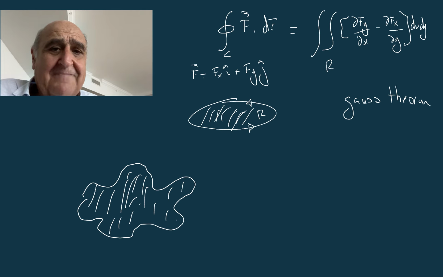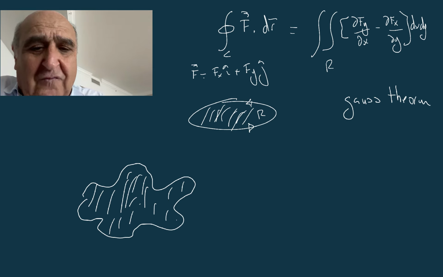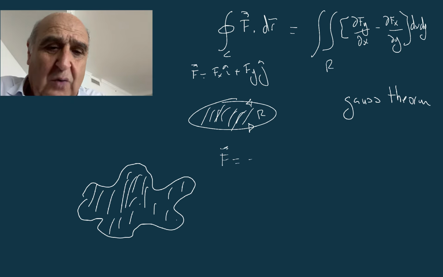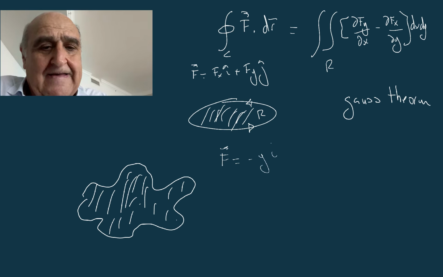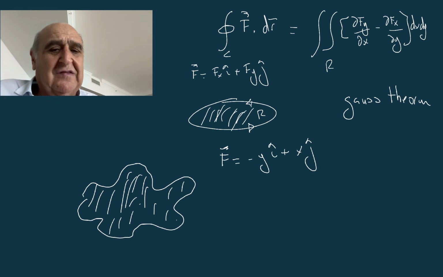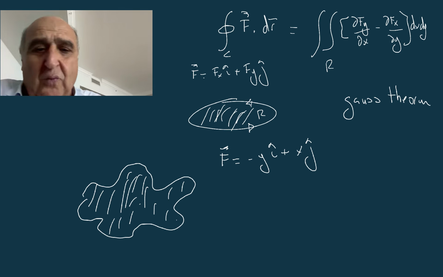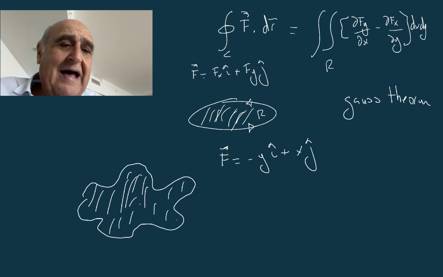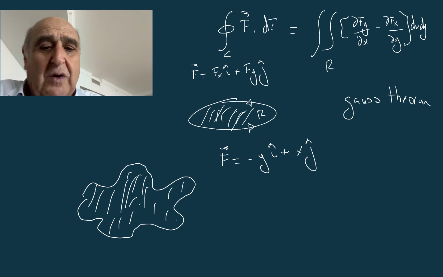He would say, let's choose the vector field F, like the vector minus y i plus x j. If I use this vector field, the theorem says that the derivative of Fy with respect to x is 1, and the derivative of Fx, the x component, with respect to y will be minus 1, so this will be 2.